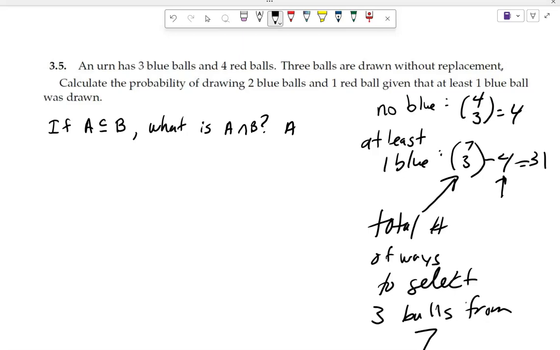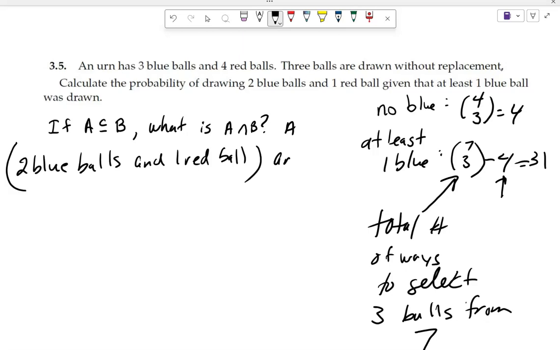So I don't need to worry about the and part. That would be what the numerator of the conditional probability needs to be. It's the probability of the intersection, or the probability of the and. But certainly, if you have 2 blue balls, you have at least 1 blue ball. This event is a subset of this event.